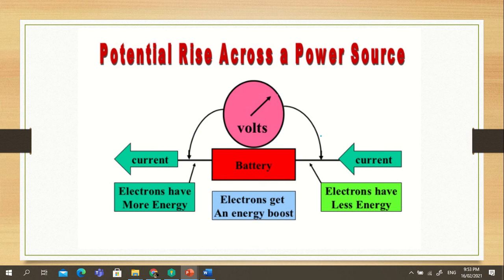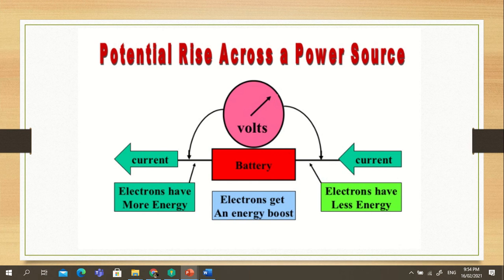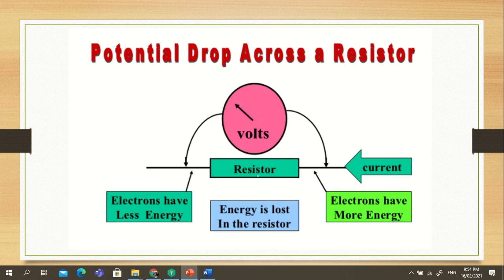For example, this is a voltmeter. So you will see later that the voltage will drop. So it means that there will be loss of the energy in the resistor, because we have here the resistor, the internal resistance.